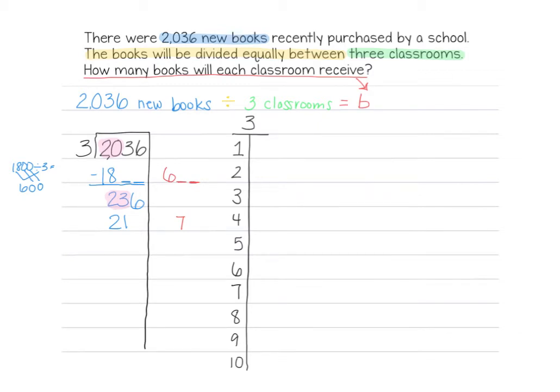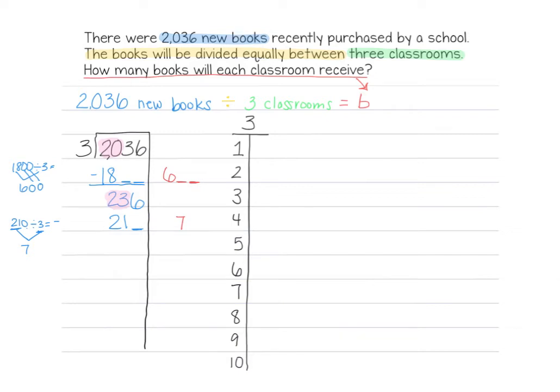dividing the books. So if this is 21 tens, the value of 21 tens is 210. If we have 210 divided by 3, 21 divided by 3 is 7.